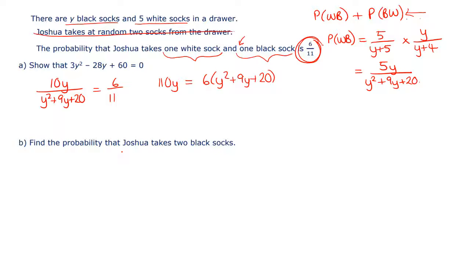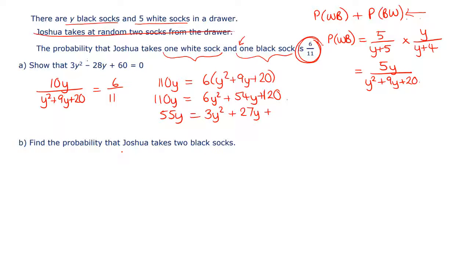Just going to multiply this out. And then you can either rearrange and then simplify, or you can do it like I'm going to do. I'm going to divide everything by 2 first. And the reason that I'm doing this is because in the question, sorry, that should have been a 120 there.